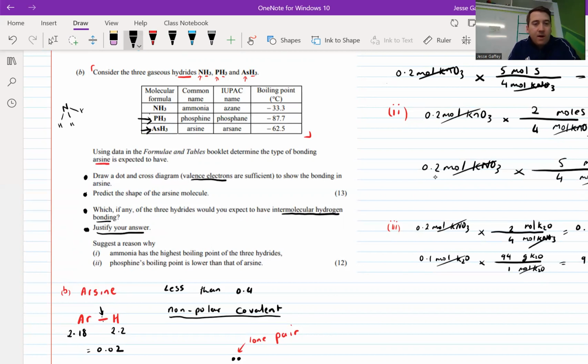If you have delta positive hydrogen atoms, then they could potentially form a hydrogen bond with a delta negative nitrogen atom on the next molecule. Because remember, for hydrogen bonding, you have to have a hydrogen that's delta positive, and it has to be bonded to either an N, O, or F. And these don't have those. This has P's and this has As's. So it definitely can't be this one. It definitely can't be this.